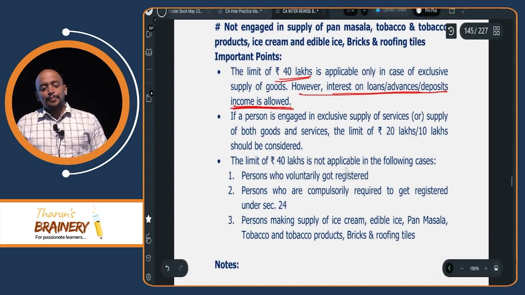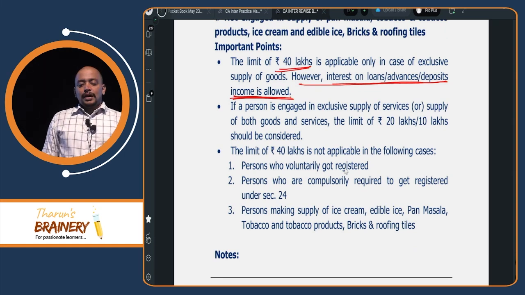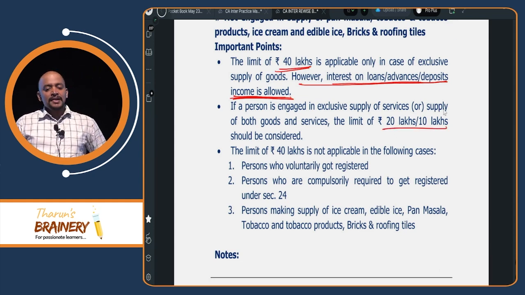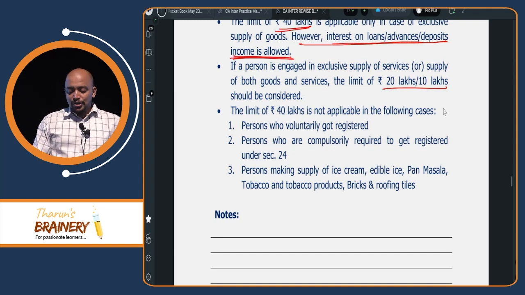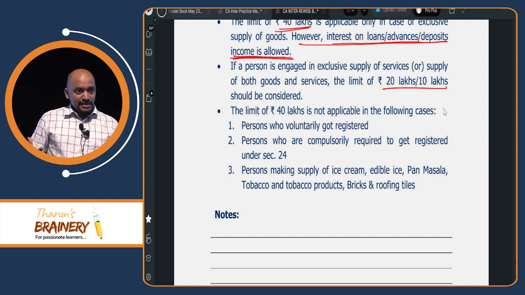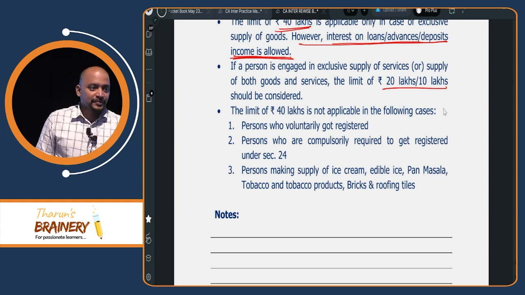Then suppose a person is engaged in exclusive supply of services, or supply of both goods and services, what is the limit? 20 lakhs or 10 lakhs as the case may be. Why for Manipur, Mizoram, Tripura, Nagaland do they keep 10 lakhs as the limit? Because the effort required to earn 20 lakhs here is the same effort required to earn 10 lakhs there.